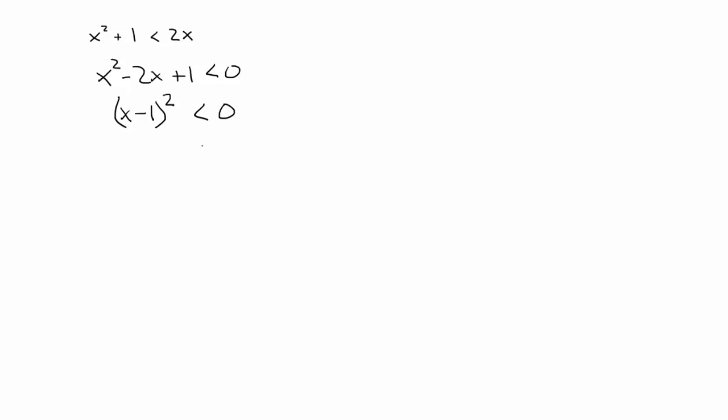And for this problem, we're just going to take a look at what we have instead of drawing a sign diagram. Here, we have a statement on the left saying that x minus 1 squared is less than 0. And we know whenever we square a number, it can never be negative. So here we could say that this inequality has no solution.